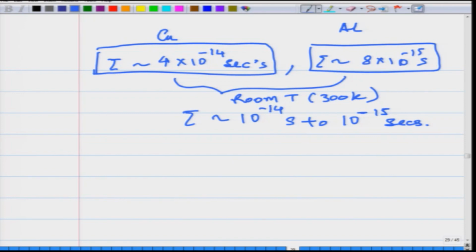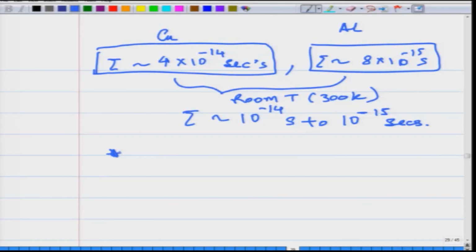Now, with this concept in place, let us start exploring the outcomes of the Drude's model a little further. Since we already have some quantitative things, let us try and estimate what is going to be the mean free path of the electron, which is the average distance which is travelled by the electron between two successive collisions.